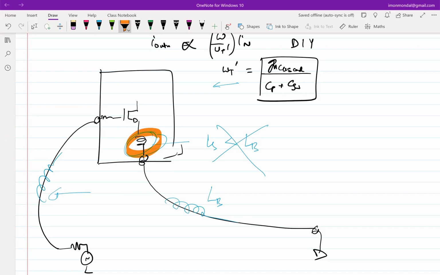So say that for some reason I would like to increase the inductance, because maybe with omega t times Ls, I do not want a very large omega t, since very large omega t means I probably need more power. So I reduce omega t and keep Ls high, but it doesn't come for free.